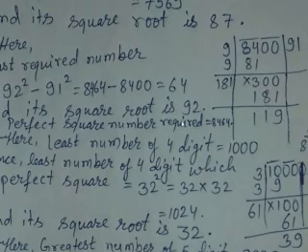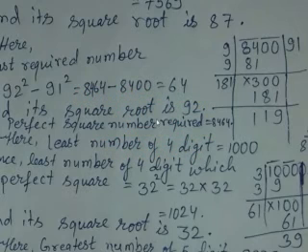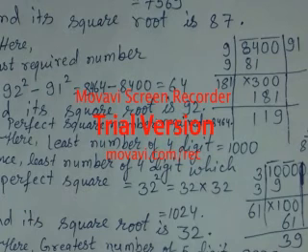So 92 square becomes 8464. 92 square is 8464 and 91 square is 8400. No, there is a mistake, sorry. You can see, here it has been a little bit wrong. I wrote 91 square, actually there should not be 91 square, there should be the given number.